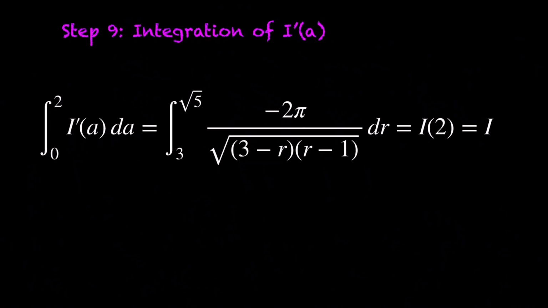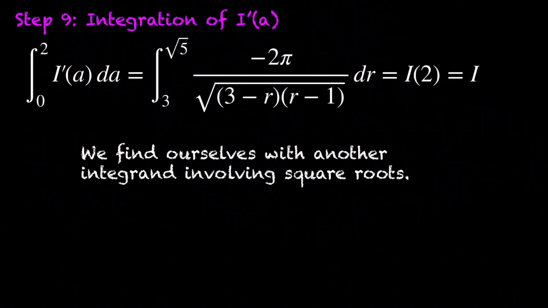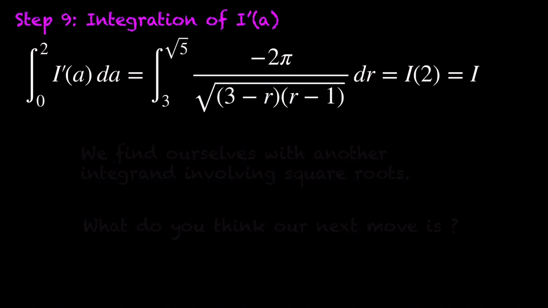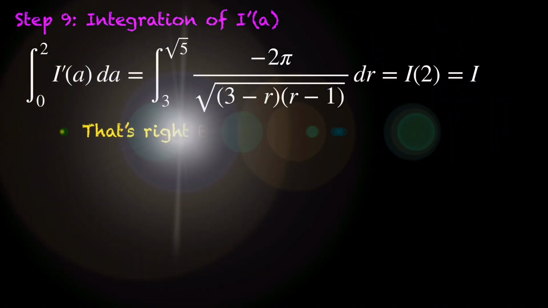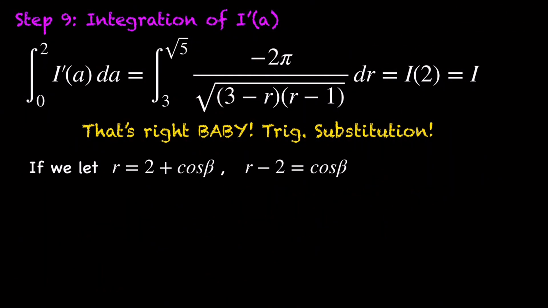So to find I, or I of 2 here, we find ourselves with another integrand involving a square root. So what do you think our next move should be? That's right, baby, another trig substitution.